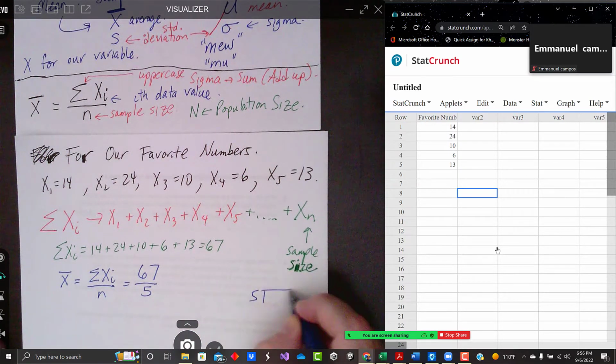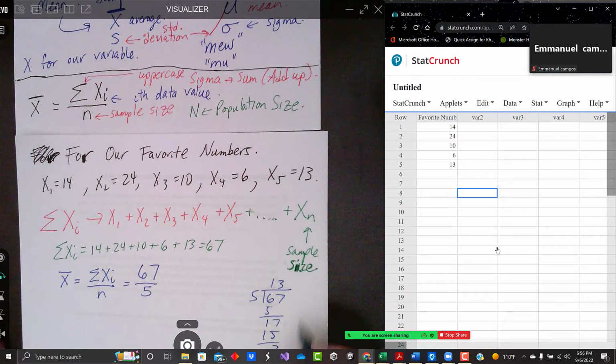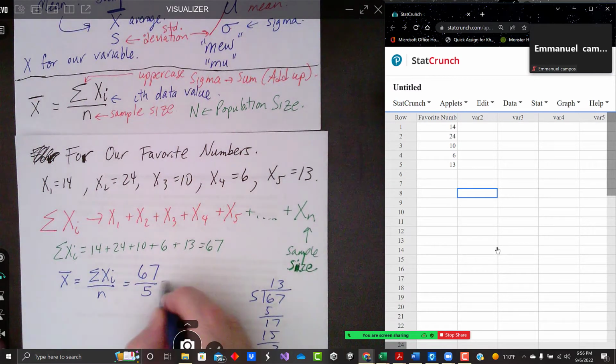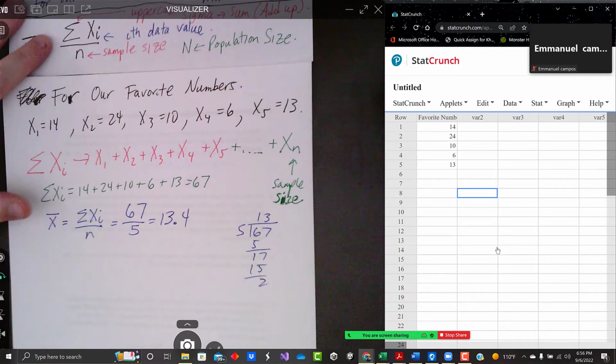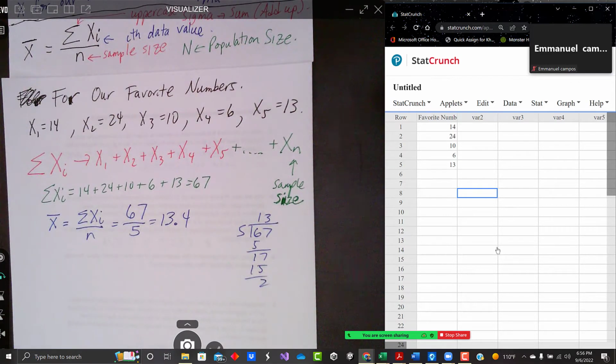How many times is 5 going to 67? 13.4. That would be our x bar, or mean.